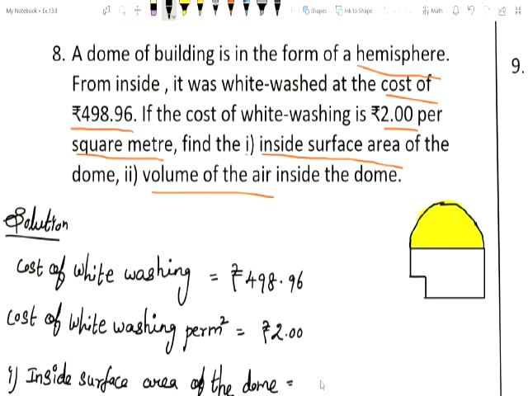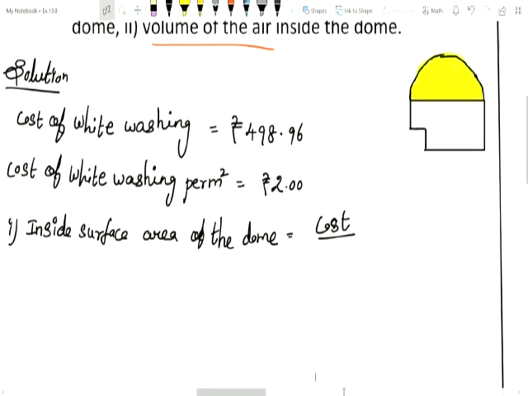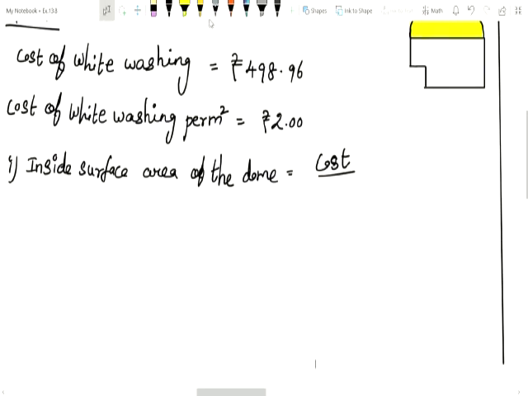Inside surface area of the dome equal to cost by rate.